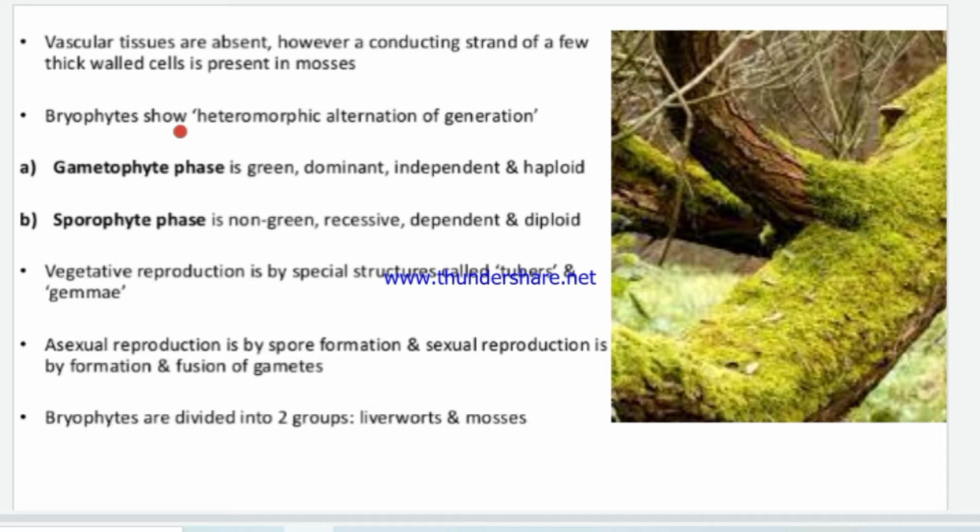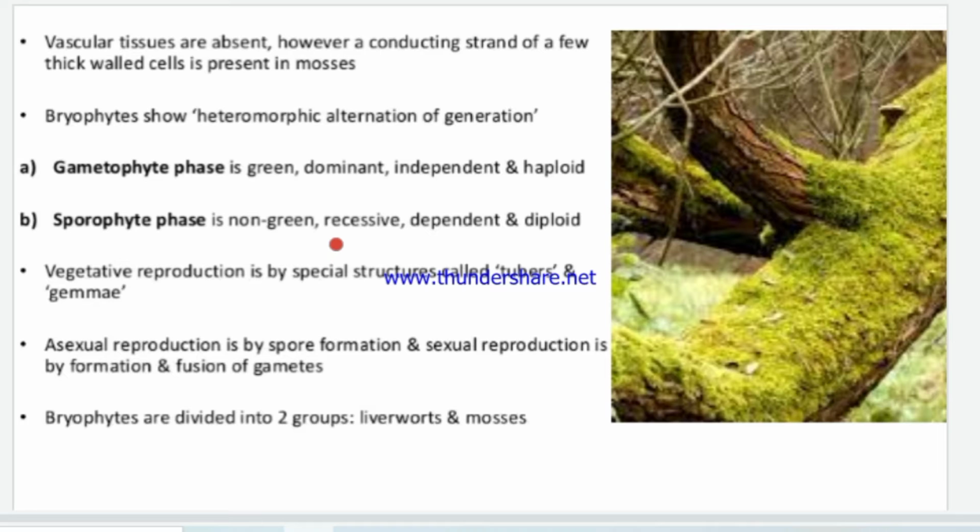Heteromorphic means two different types of the plant body during alternation of generation. One of them is known as the gametophytic phase, which is green, dominant, independent and haploid. The other is the sporophyte phase, which is non-green, recessive, dependent and diploid.